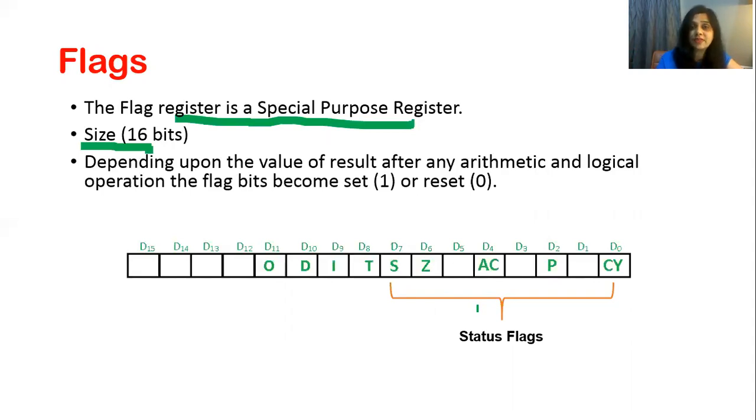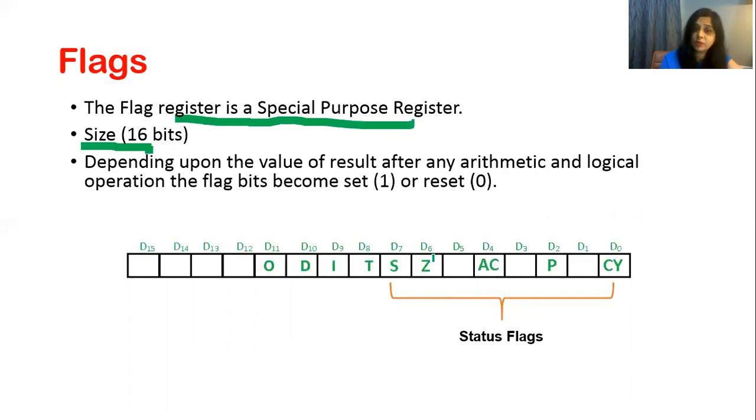Why are they known as status flags? What does our WhatsApp status say? Whenever we go somewhere, we take a picture and upload it as a WhatsApp status. It indicates what you did, what you ate on that particular day. Similarly, these flags give us the status of the microprocessor, that is, what is going on inside it. After addition or subtraction, whether a carry is generated, whether the result is zero, whether it is positive or negative, whether it has an even or odd number of ones.